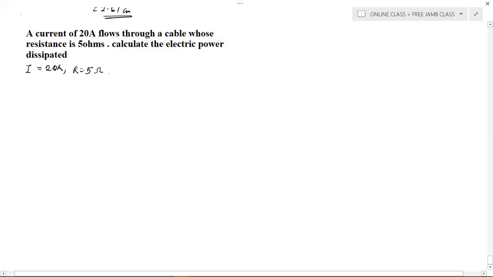Calculate the electric power distributed, P unknown, but P is known to be I squared R, which is equal to 20 squared times 5, which is 400 times 5, and that is equal to 2000 watts, which is 2 kilowatts.